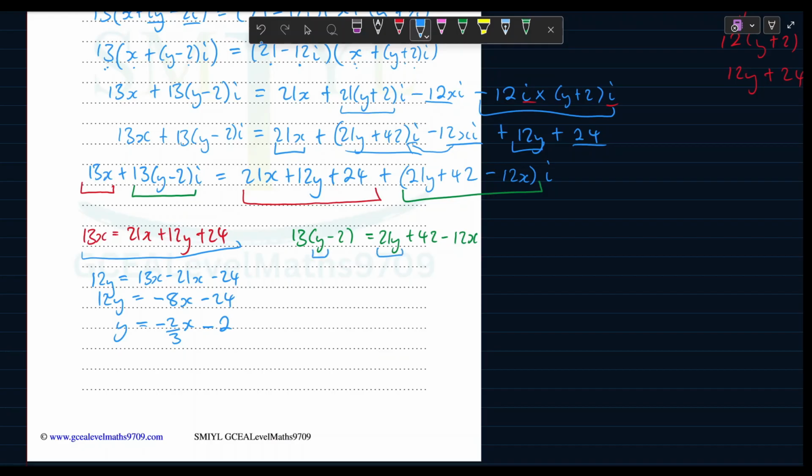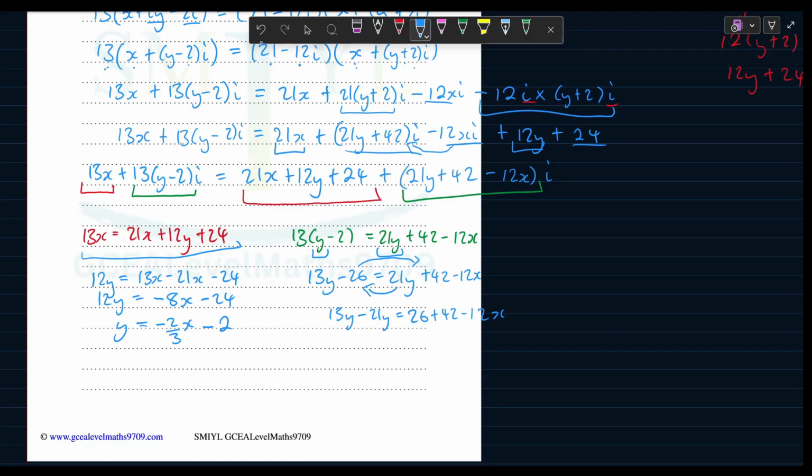I think let's first simplify that equation, because we can simplify. So if we expand on the left here, it's 13y minus 26 is equal to 21y plus 42 minus 12x. Okay, so we can move this 21y to the left, so that is 13y minus 21y is equal to, and then move the negative 26 to the right hand side, so it's 26 plus 42 minus 12x.